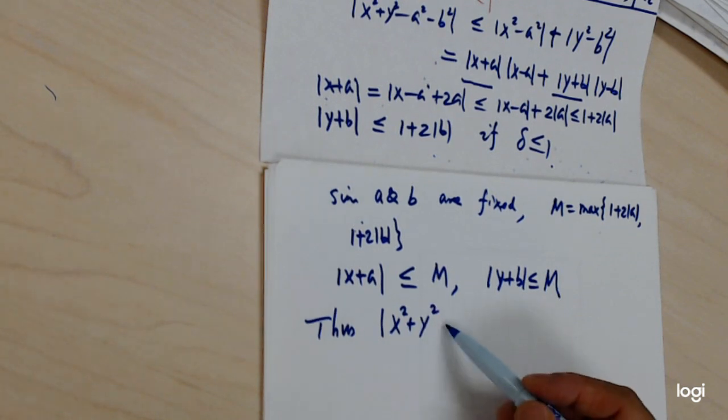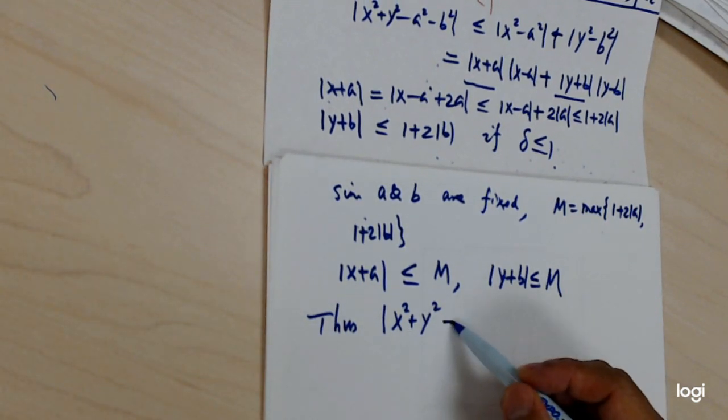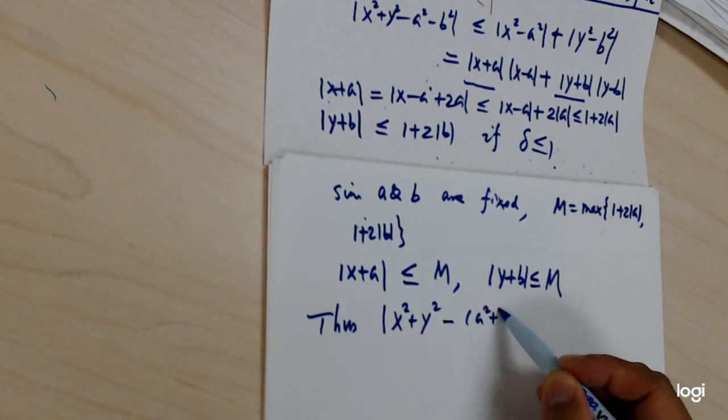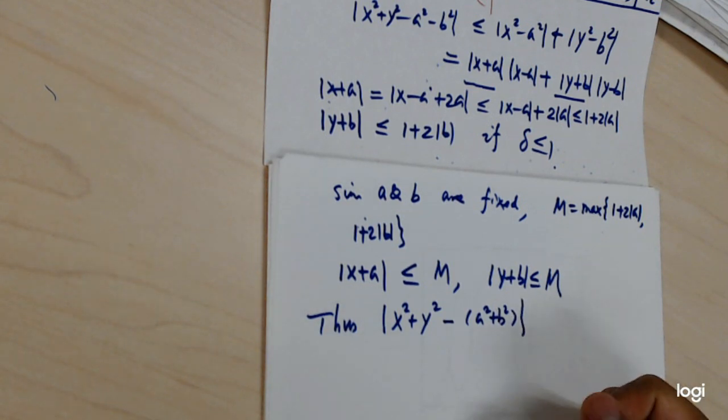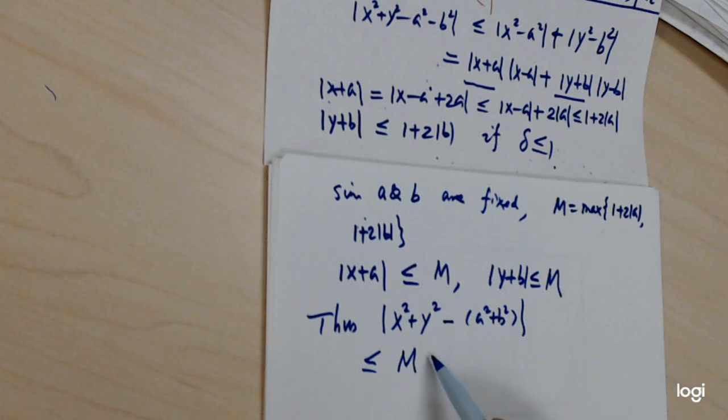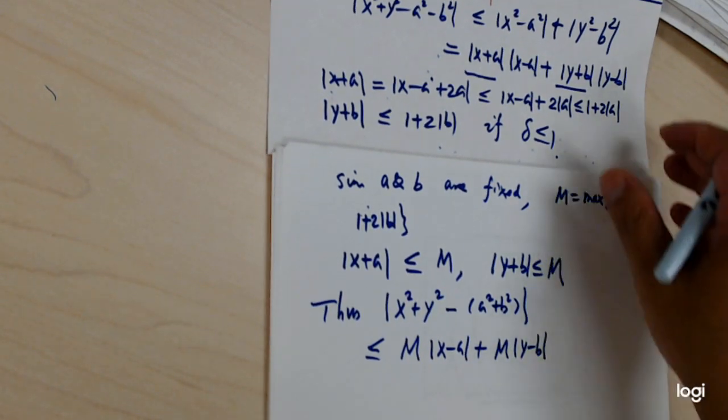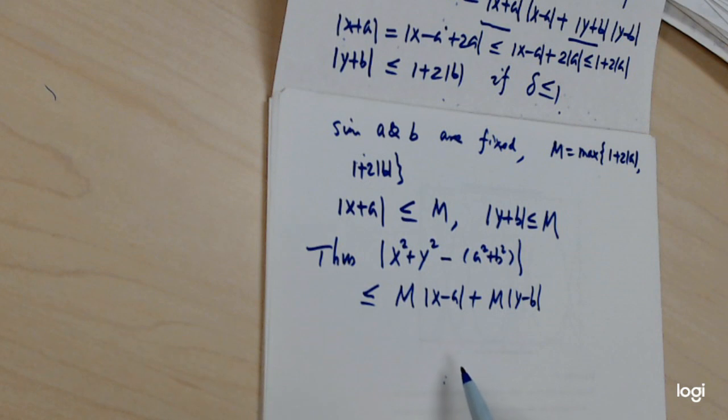So here's the difference between the function's value and its proposed limit. As I said, this is less than the M that we found, times x minus a, y minus b. So I want this to be less than or equal to epsilon.